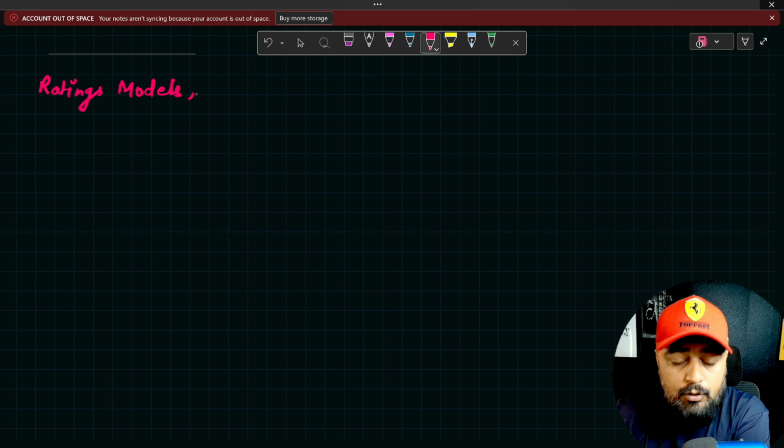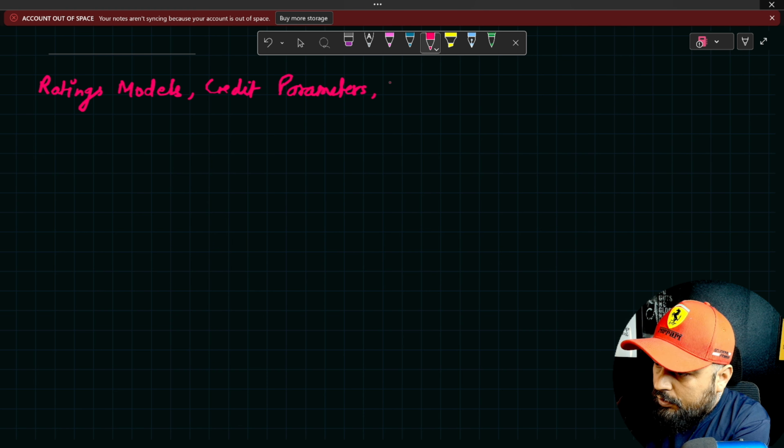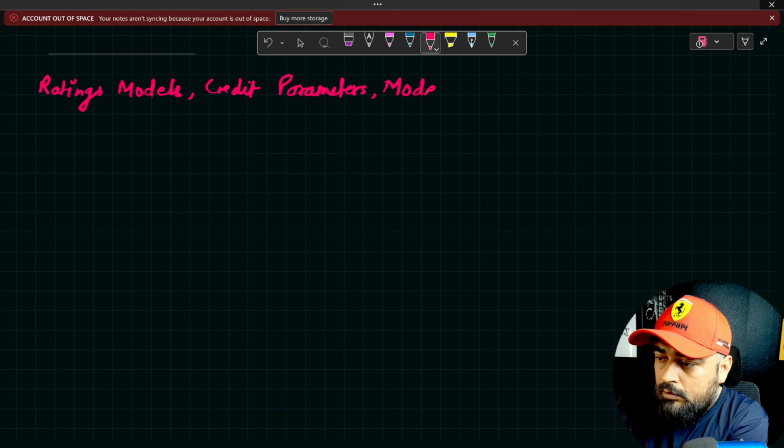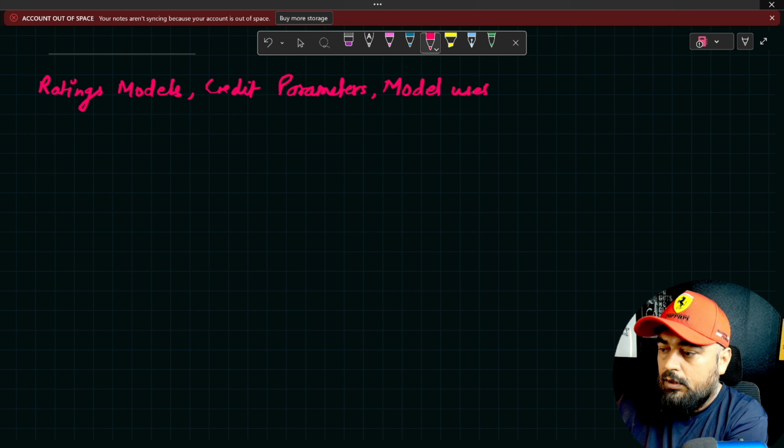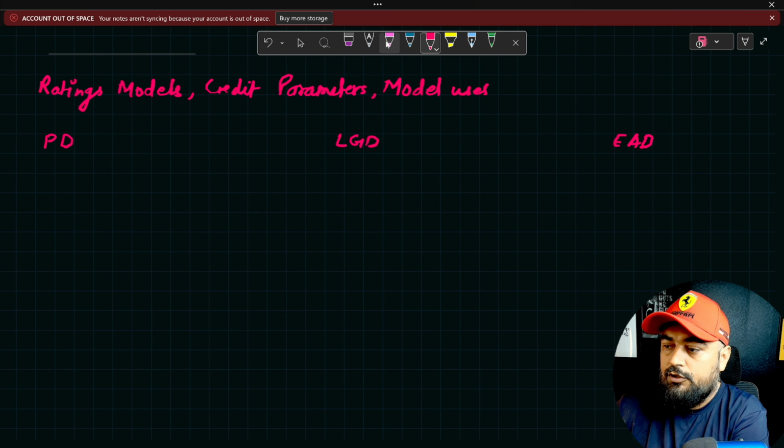Then we are going to talk about credit parameters. And third, we are going to talk about model uses. Now across PD, LGD and EAD, we will talk.